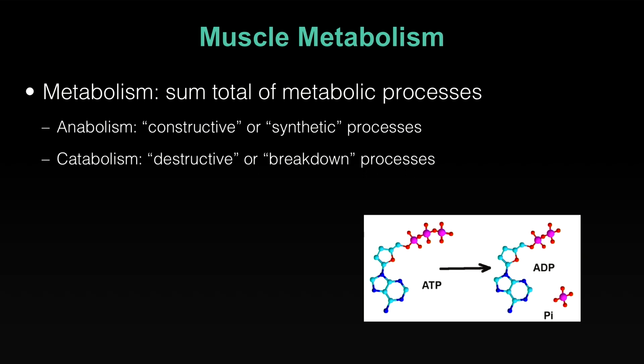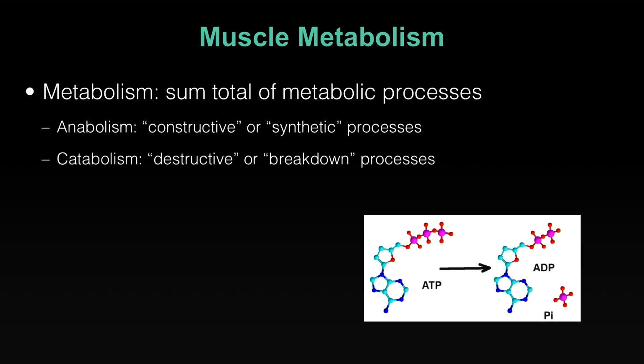But metabolism is made up of two parts. The yin and the yang, the white and the black, the good and evil. Catabolism and anabolism. Anabolism is what you think of when you want to grow or build tissue. It's a constructive set of metabolic processes where you make something.